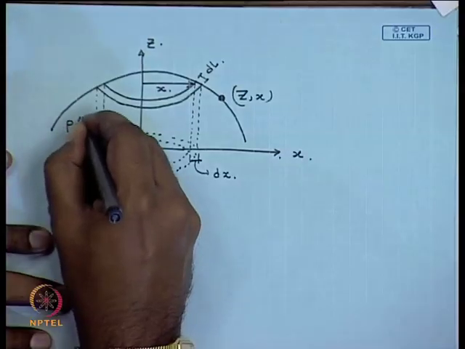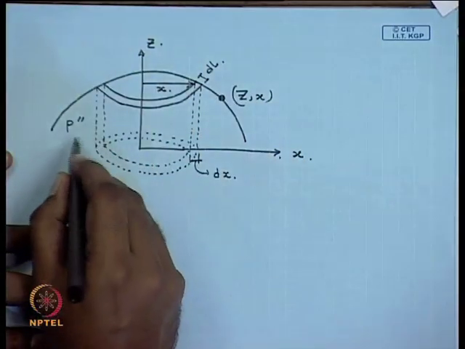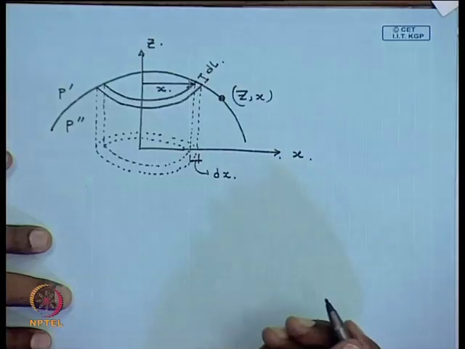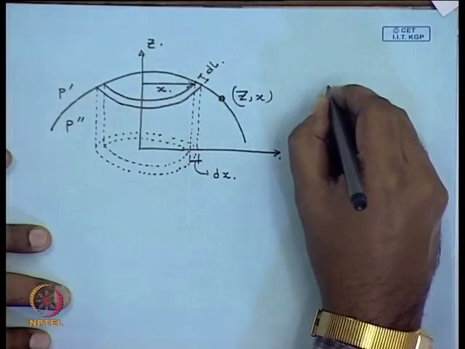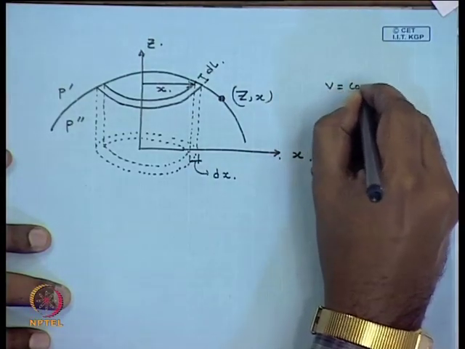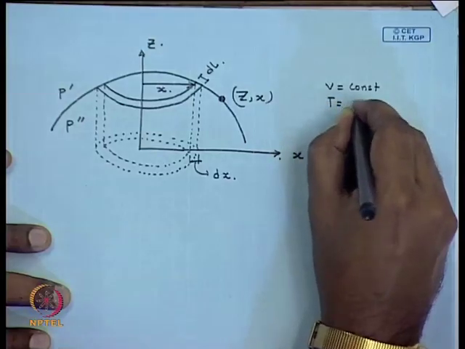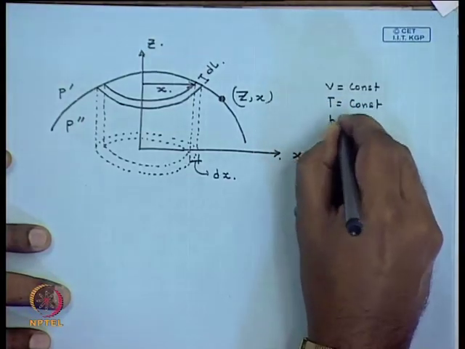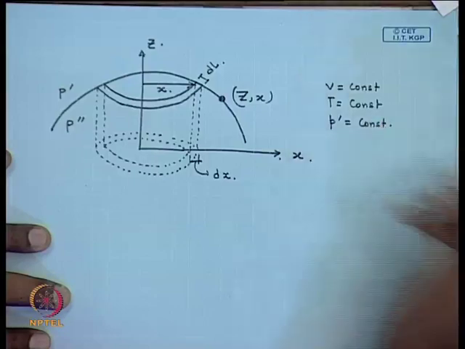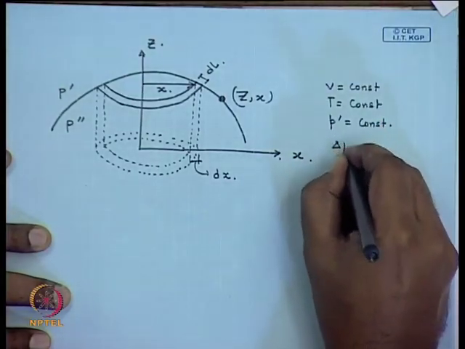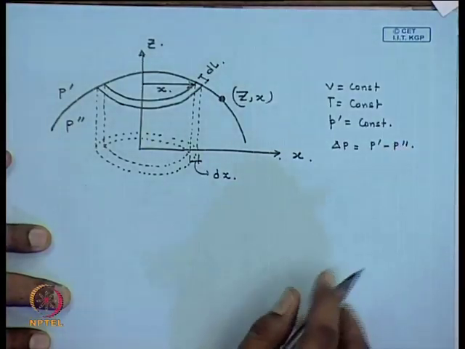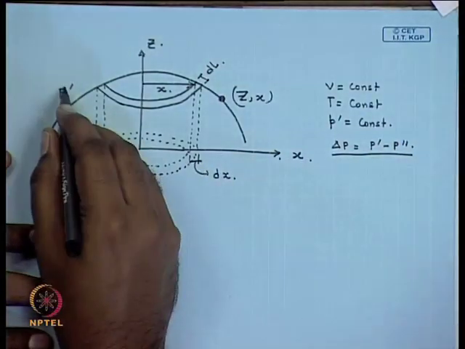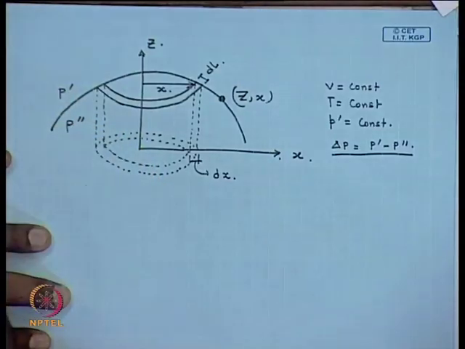Let us say the pressure inside this curved domain is p double dash, pressure outside is p dash, which let us say is exposed to atmosphere, and the volume is constant, temperature is also constant, and p dash is constant. Therefore, delta p is by definition p dash minus p double dash. Okay. So, look at the convention of delta p, it is outside minus inside.